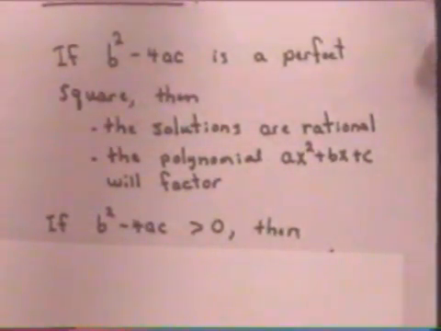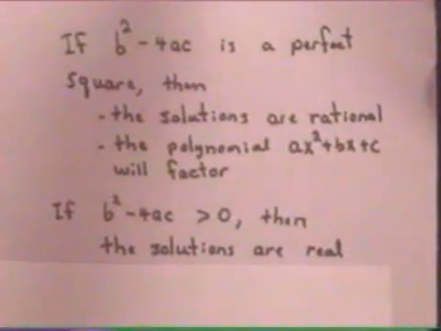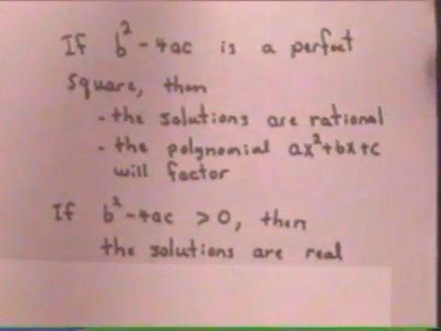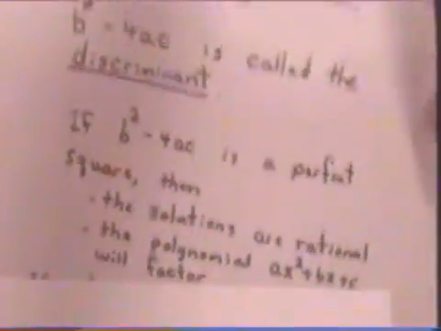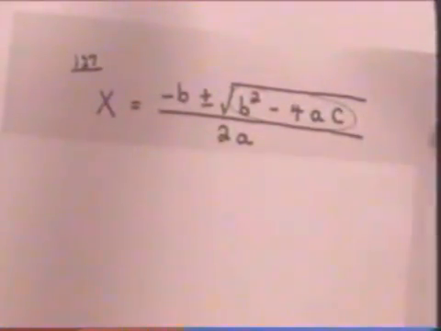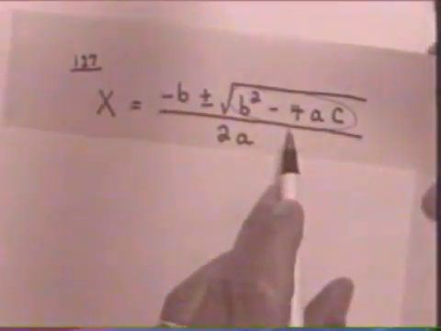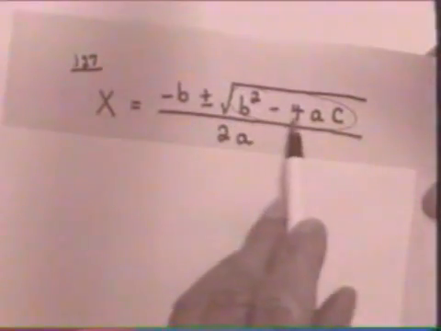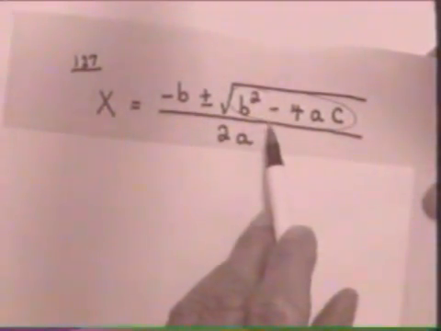If b squared minus 4ac, in other words the discriminant, is positive, then the solutions are real. Now let's go back and see what that means. If the discriminant is positive, that means you can approximate the square root of it with your calculator.